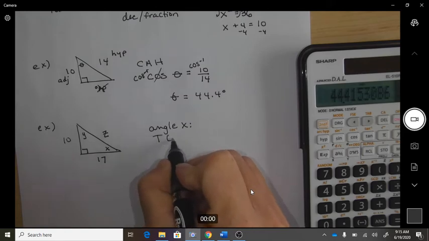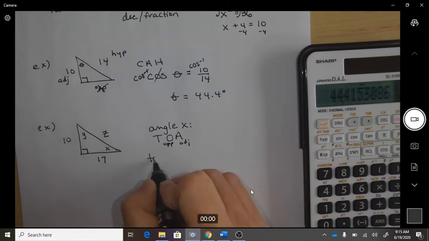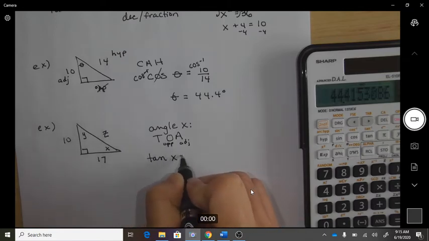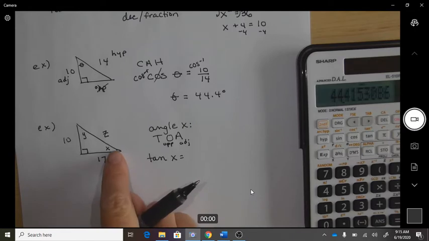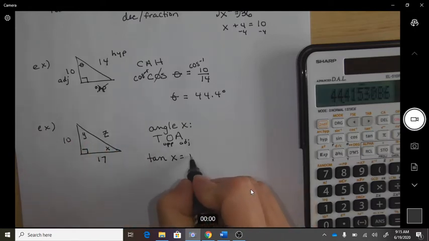So I'm going to do 10 opposite and the adjacent. So the tan of angle x, so from x, is its opposite side divided by its adjacent side.